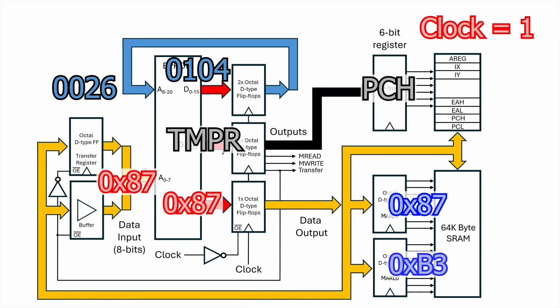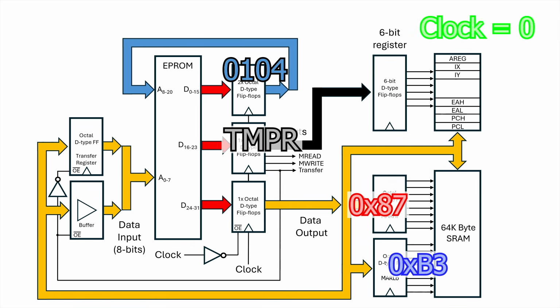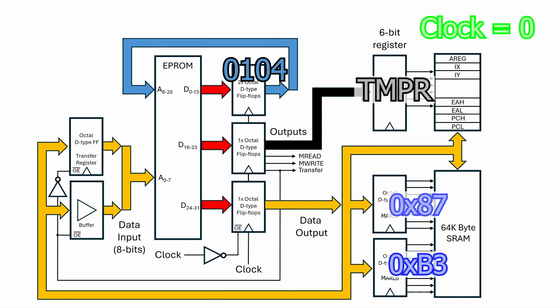On the positive edge of clock, this is copied into the output registers. While clock's high, 87 gets written back to the program counter high variable and presented to the memory address register high. On the negative edge of clock, temp is latched into the notepad address register and 87 is latched into MAR high. We loop 104 around and we're set up for the next cycle.